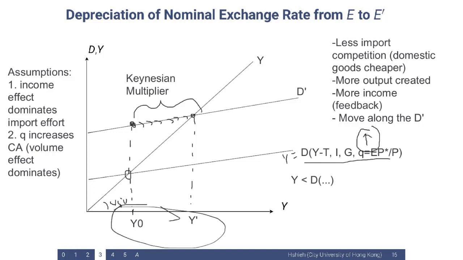So let me explain to you what's going on here, the intuition. Because we have elevated E, and as a result, elevated Q, we have less import competition, right? Because our goods and services are now relatively cheaper.